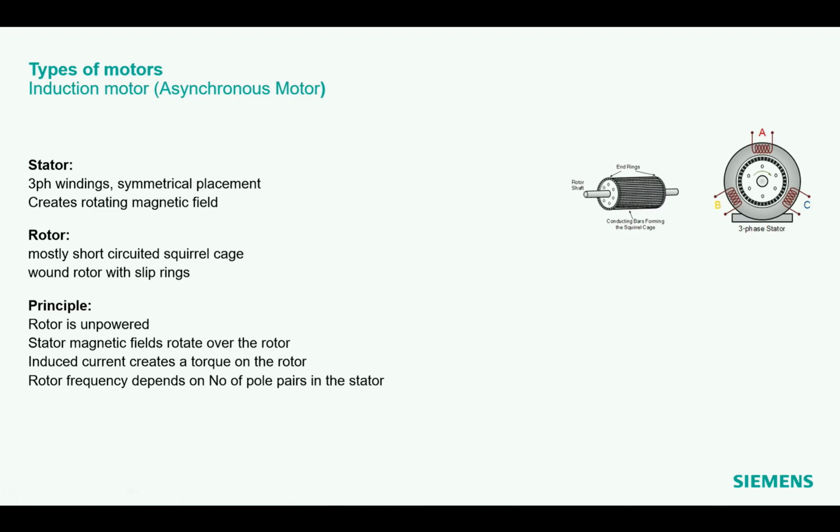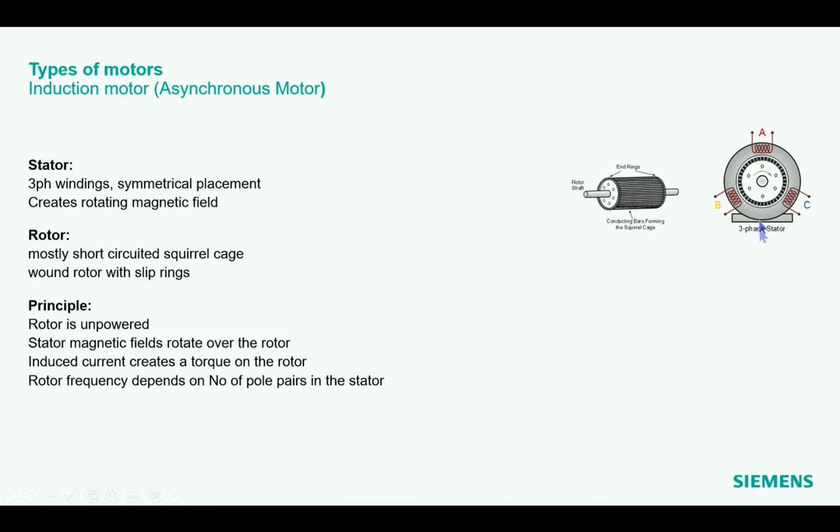Okay, so the frequency of the rotor depends basically on two factors. One is the number of pole pairs and the other is the synchronous frequency. This is the frequency we get from the grid, so normally 50 or 60 hertz. And as I already mentioned, the number of pole pairs. Here in the stator, we see not even a pair. It's a simplified drawing, so we see just one winding.